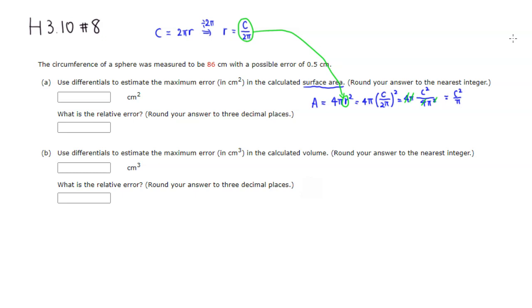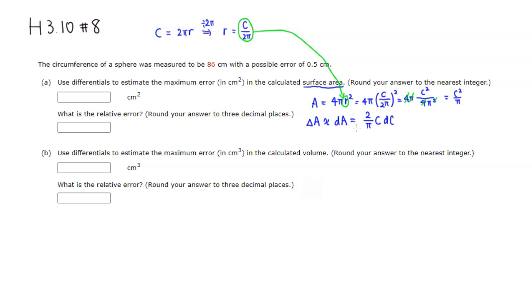So that's the area. We want to estimate the maximum error, which would be delta A, but we can approximate it by dA. You take the derivative of this, so you have a 2 in front, then c over pi, multiplied by dc.